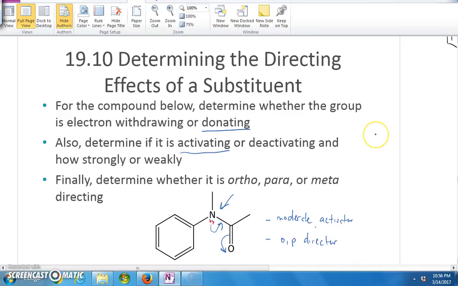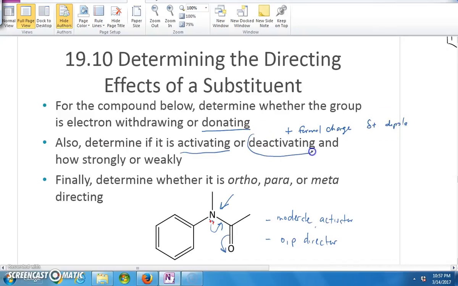Now, it's activating if it has lone pairs of electrons, with the exception of halogens, and it's deactivating if it has a positive formal charge or if it has a partially positive dipole.